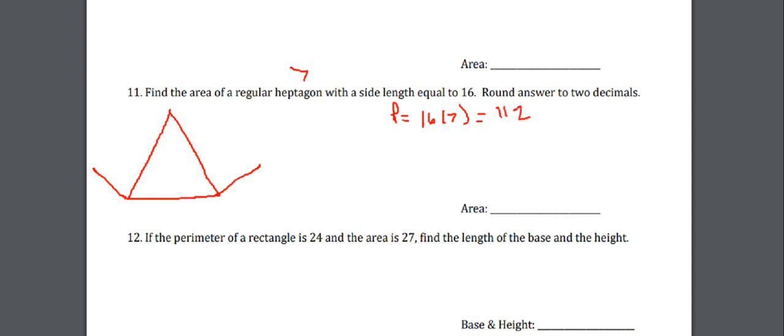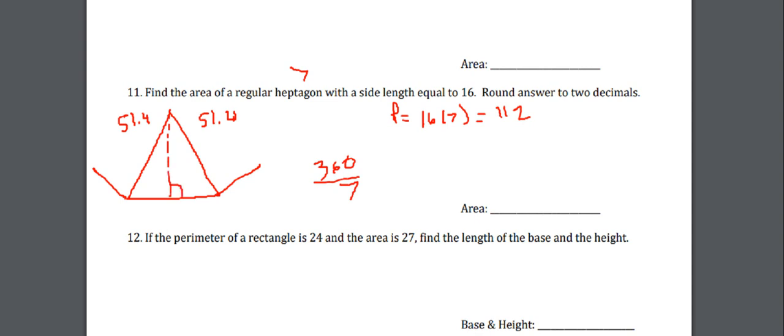Okay, again, we have all these angles on the inside of a heptagon. They're always going to add up to 360. And if we take 360 divided by 7, each of these is going to equal 51.4. And again, remember we have to cut this in half, because this is my apothem.